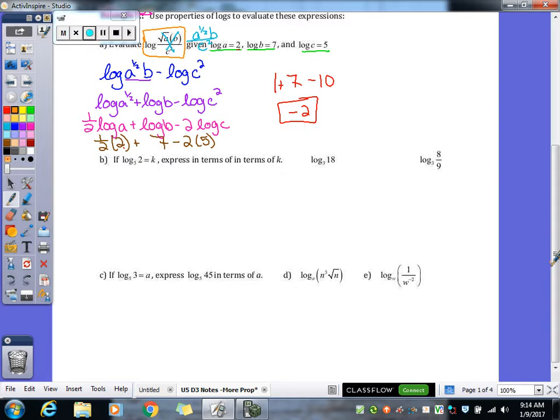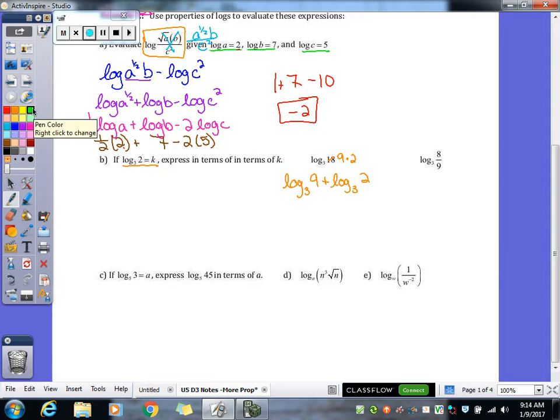So again, if log base 3 of 2 equals k, express in terms of k, so we have to figure out how to separate these out. So 18, I can do is 9 times 2. So I'm going to get log base 3 of 9 plus log base 3 of 2.